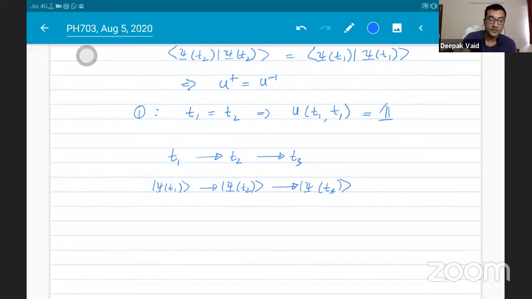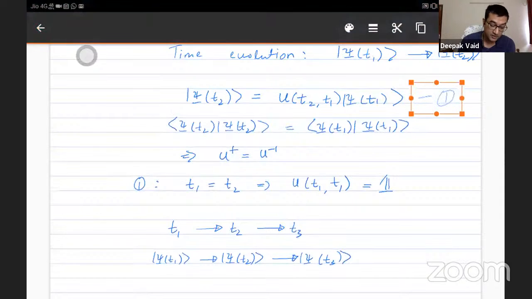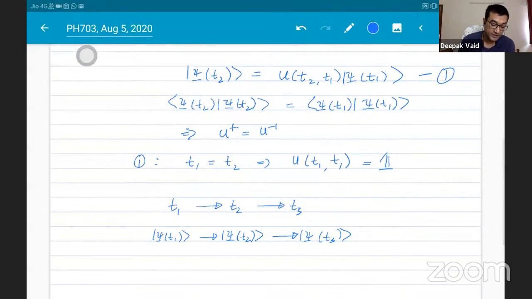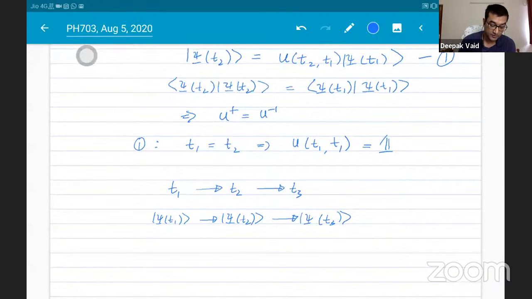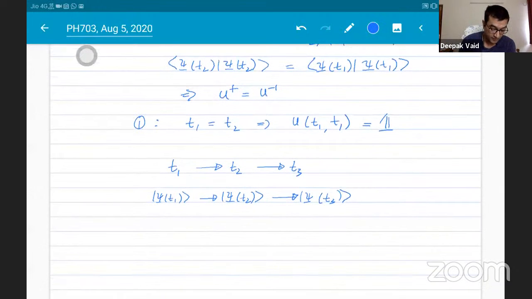Now to go from t1 to t2, as per our expression, it will be some unitary operator, and this unitary operator will be some function of t2 and t1.